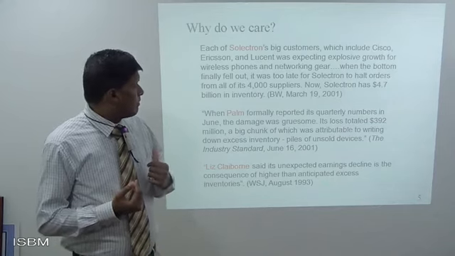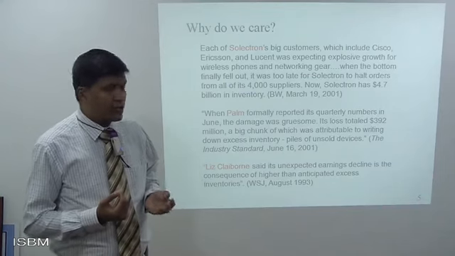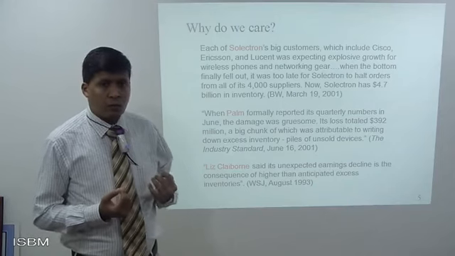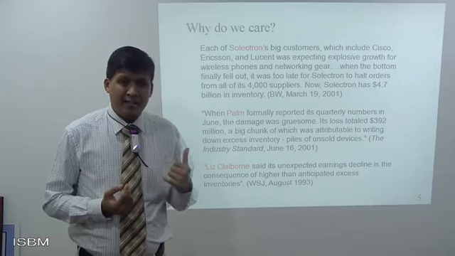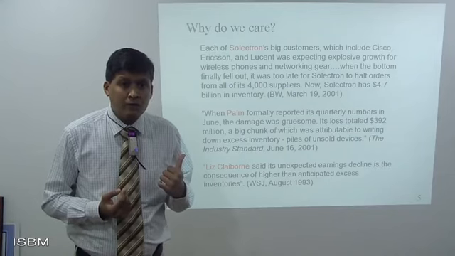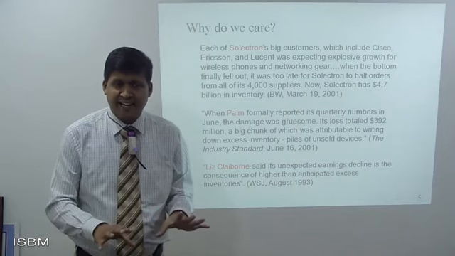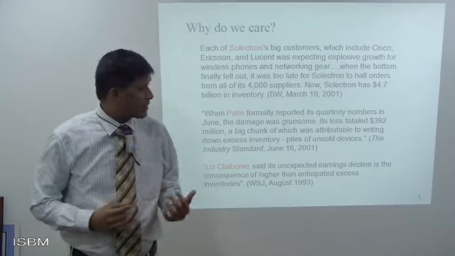When the bottom finally fell out, it was too late for Solectron to halt orders from all of its 4,000 suppliers. Now we are not just looking at the base of suppliers, 4,000 suppliers. We are not speaking of 5 or 10 suppliers, where you can really micromanage things. We are thinking of 4,000 suppliers.